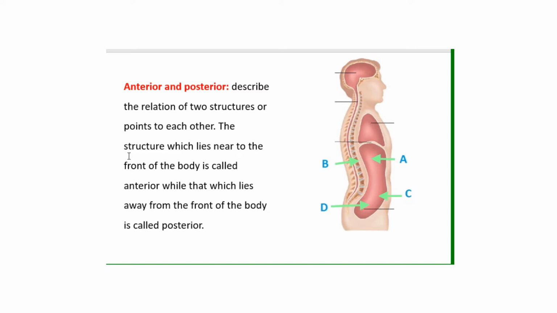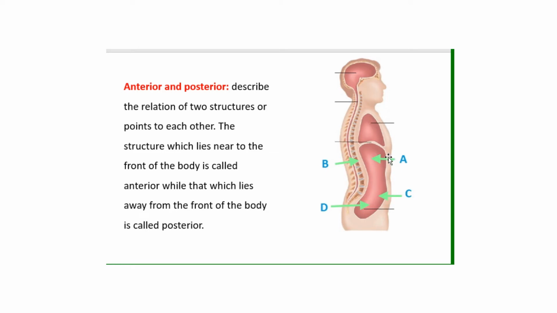The structure of them which is nearer to the anterior body wall is anterior to that which is farther away from the anterior. So if we take A and C, C is anterior to A.